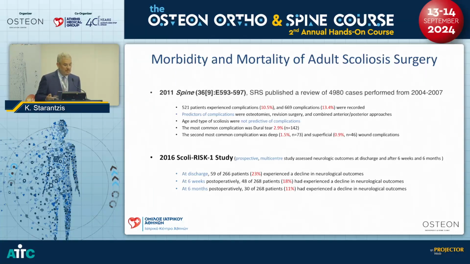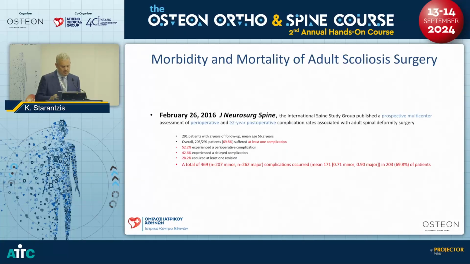From the scoliosis study, we know that 1 out of 4 patients at discharge experience a decline in neurological outcomes, a neurological deficit, which stays in 1 out of 10 patients at 6 months, which is serious, isn't it?